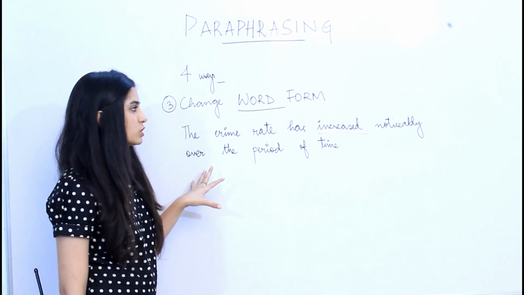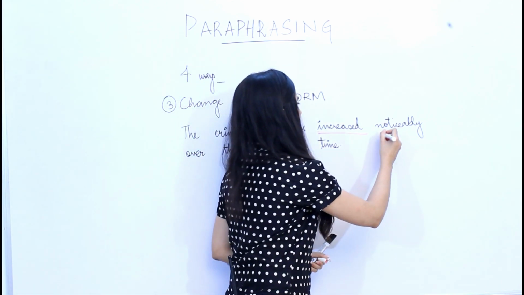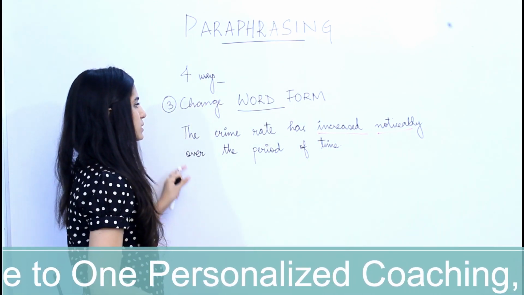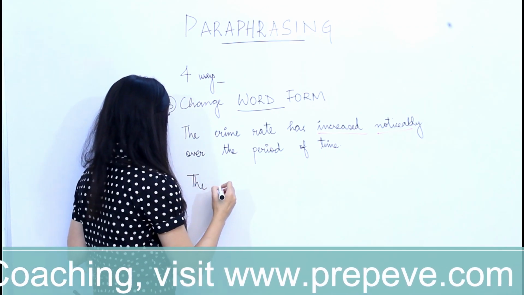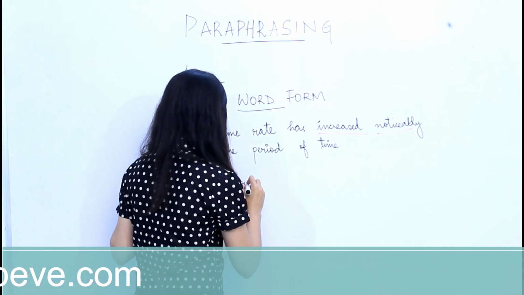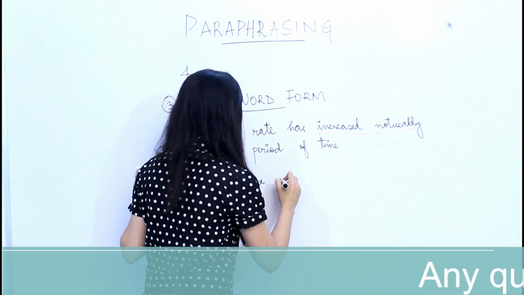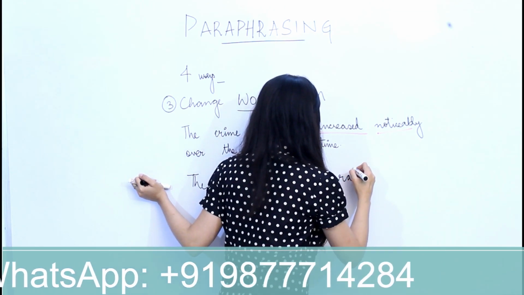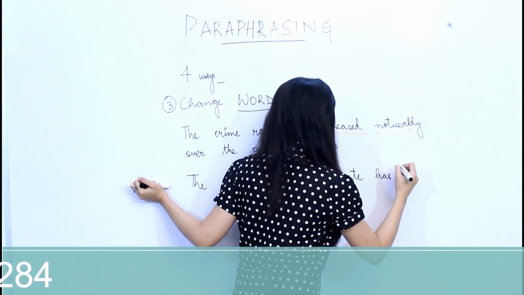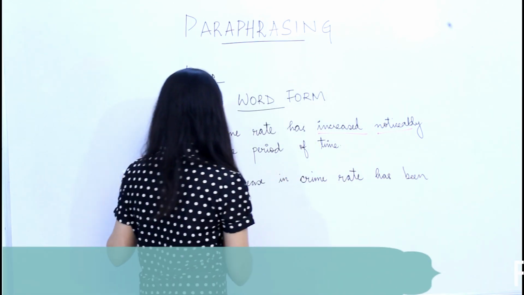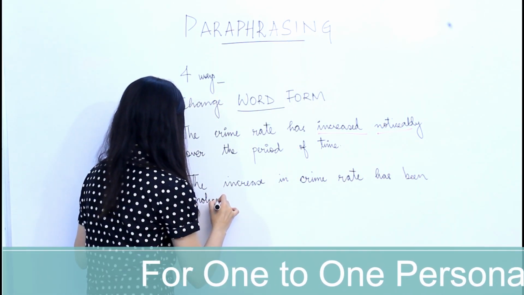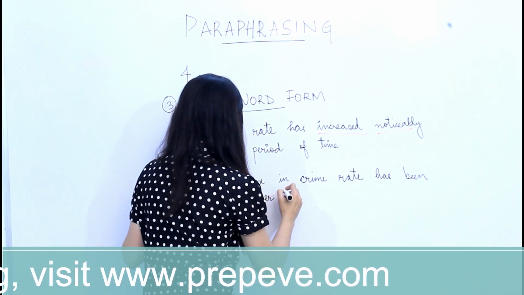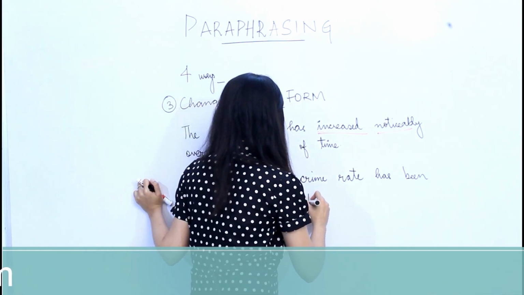So how did we change this? We changed these two words, increased and noticeably. So it becomes the increase in crime rate has been noticeable over the period of time.